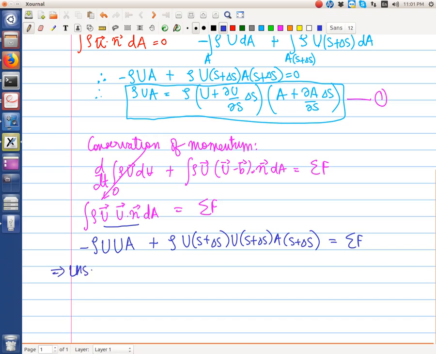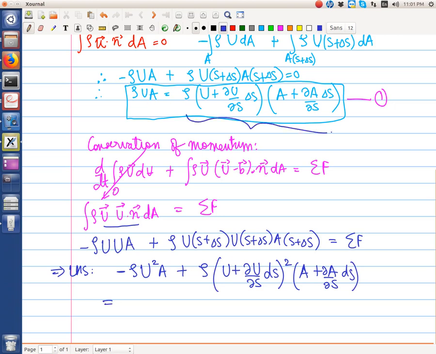So LHS is minus rho u square a plus rho (u plus del u/del s ds) square times (a plus del a/del s ds). This is also equal to, now let's make use of this, rho (u plus del u/del s delta s) times (a plus del a/del s delta s).